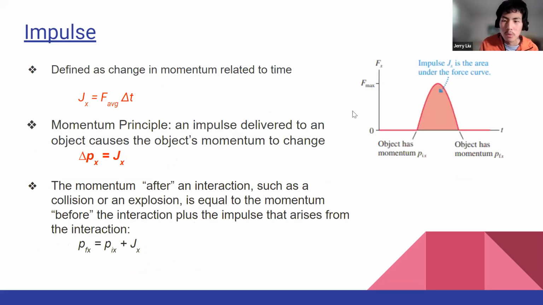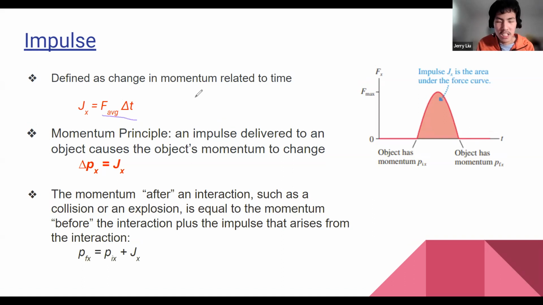Impulse is basically what happens when the momentum changes, and it is defined as a force applied for a certain time. The unit for impulse is Newton seconds. So if, for example, you kick a rock, this rock had zero momentum before, and the duration of the collision, let's say, is 0.1 seconds, and your force was 500 newtons.